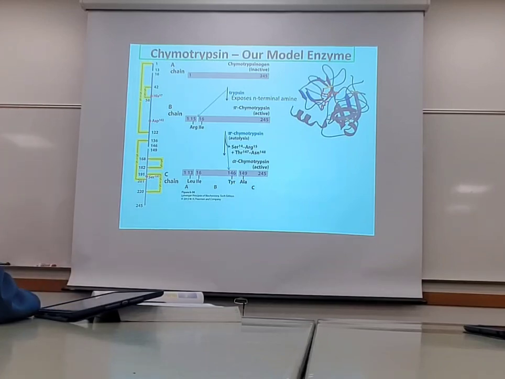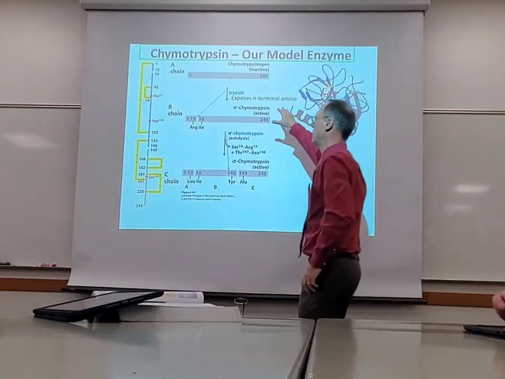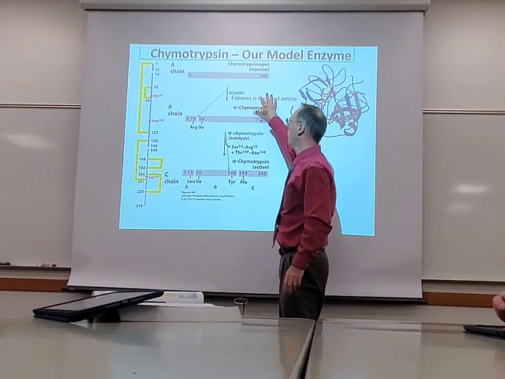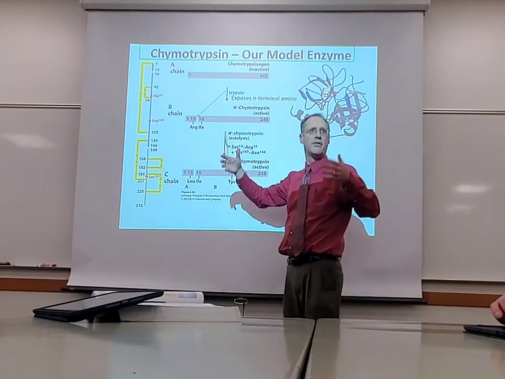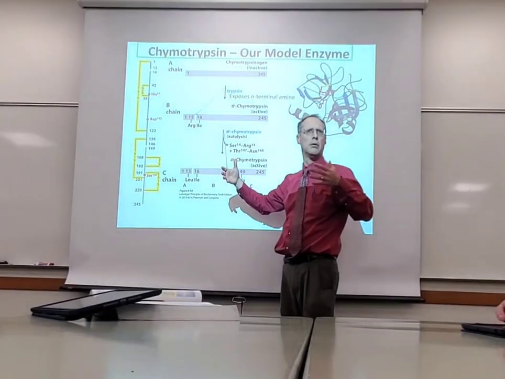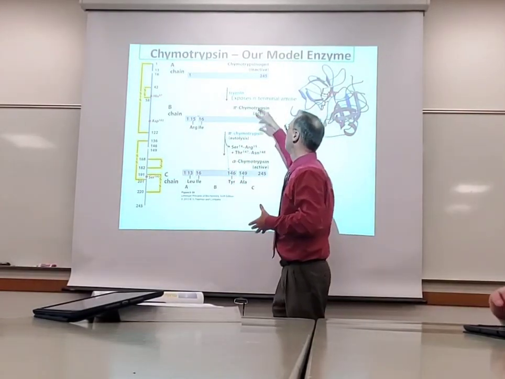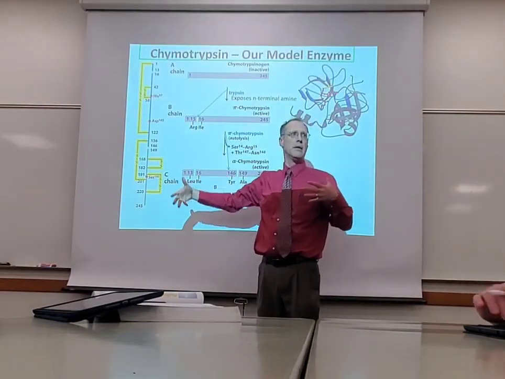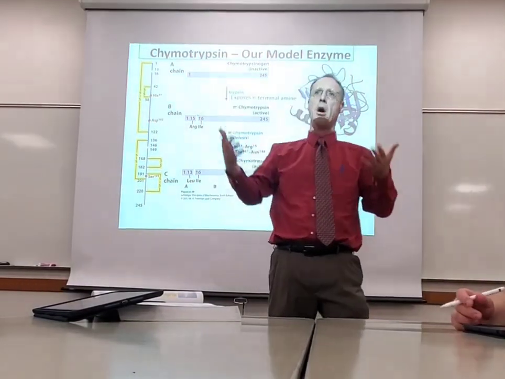Here's chymotrypsin. Remember, that's the one you're memorizing, right? Let me start by showing you a couple things. You've already seen this. What is it called when chymotrypsin comes out of the ribosome and it's not active? Tell your neighbor. That's a zymogen, an enzyme that comes out not active.